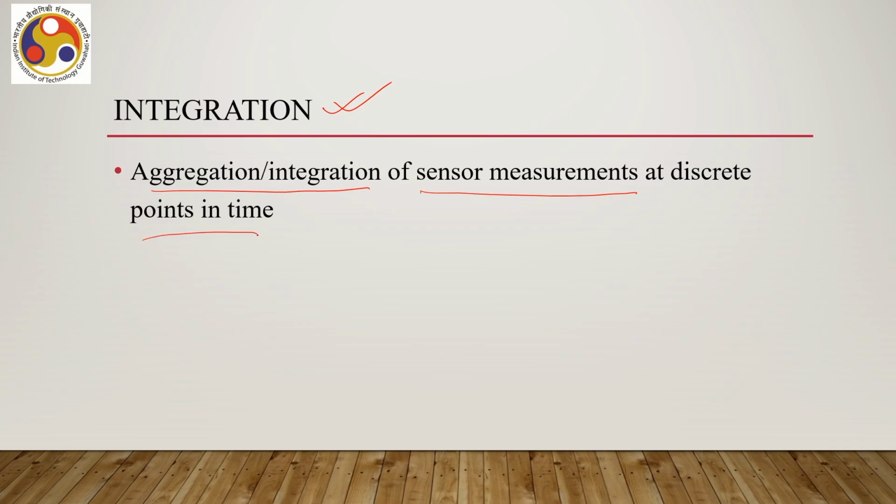We may be getting data from multiple sensors at discrete points in time, so we need to combine all those values to effectively track whatever we are tracking, be it sense organs, body parts or the environment. Combining all the input data sources at discrete intervals of time is the step called integration.